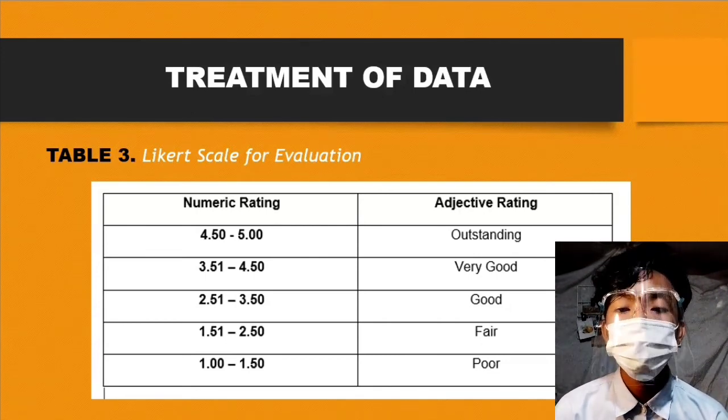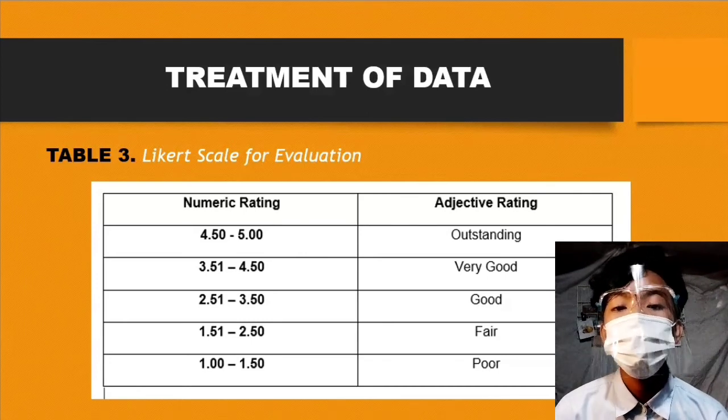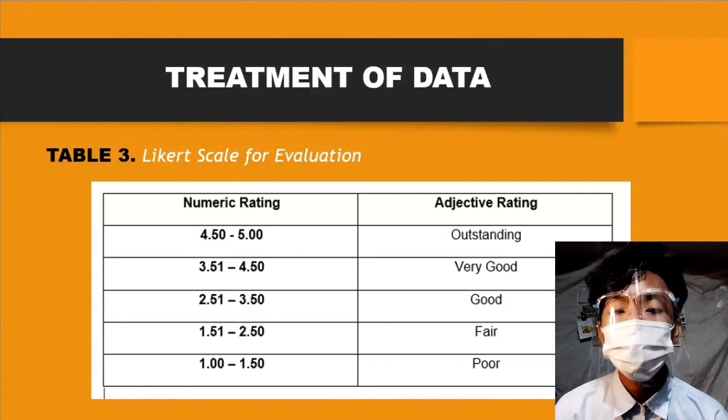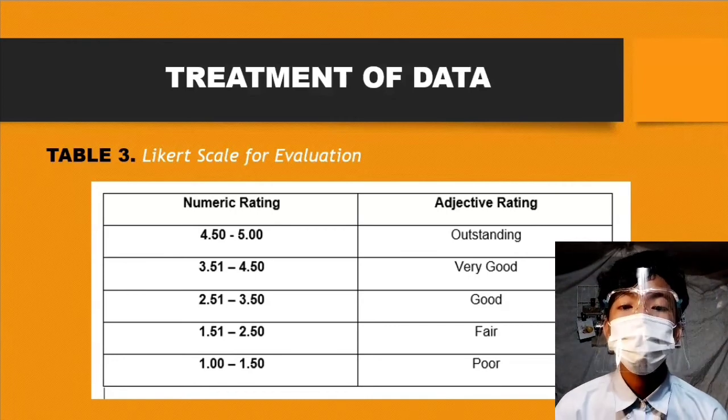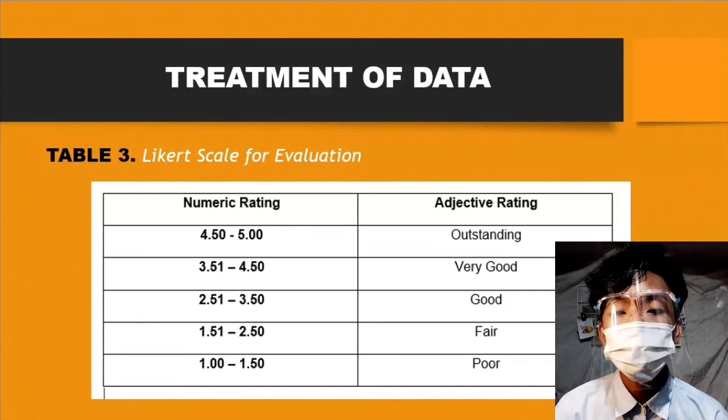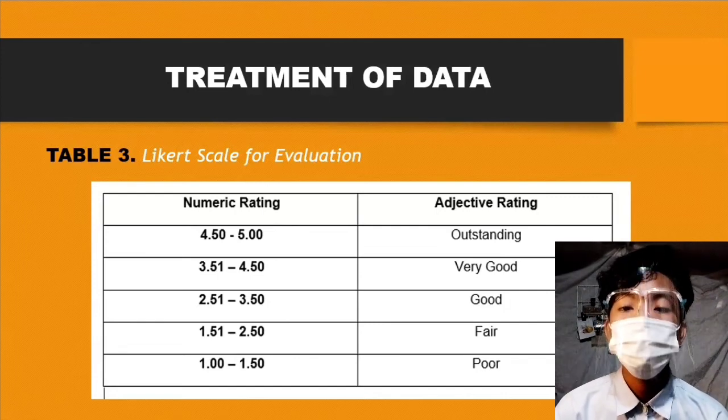Next is 3.51 to 4.50, which has a very good rating, and lastly 4.51 to 5.0 has an outstanding rating. This rating may help the participants to answer the evaluation clearly.